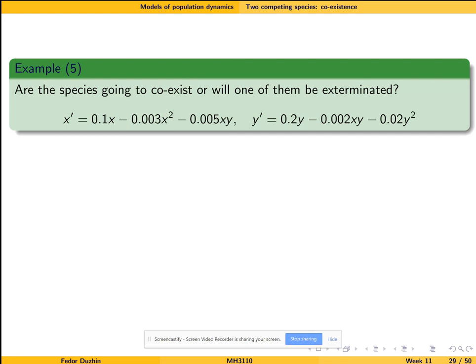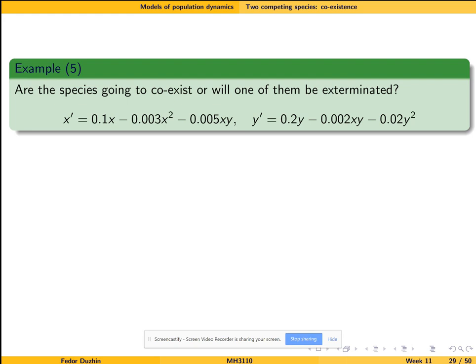Because you can imagine that if they compete for the same resource, then if the competition is not too strong, they may eat the same type of, I don't know, forest deer or whatnot.